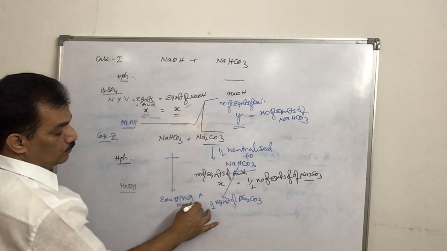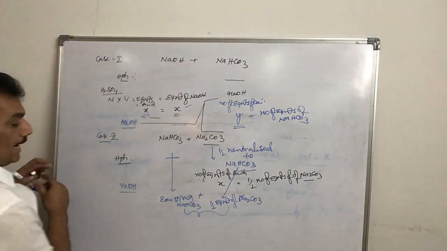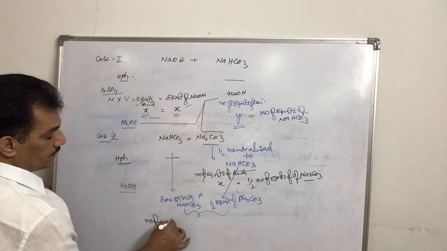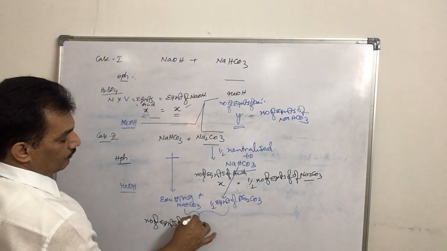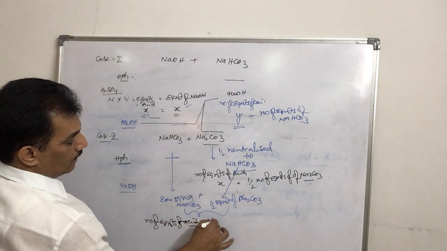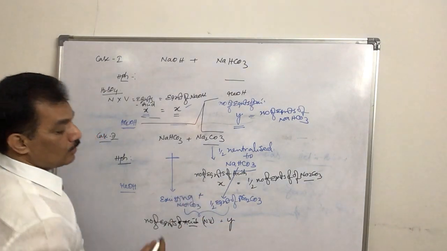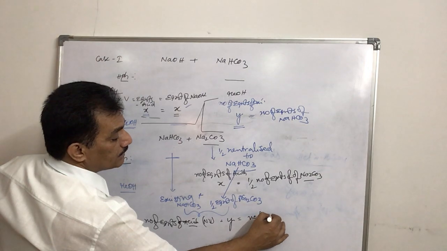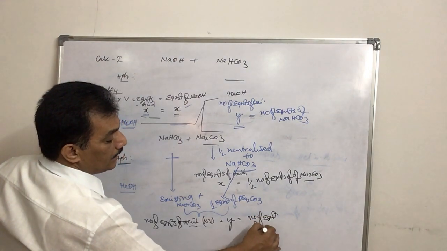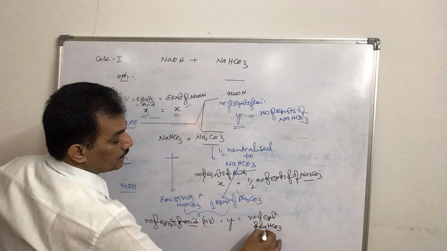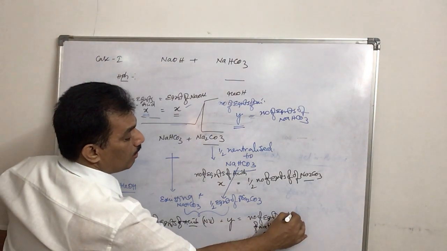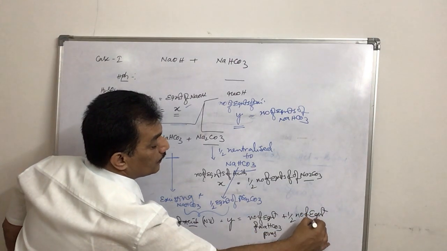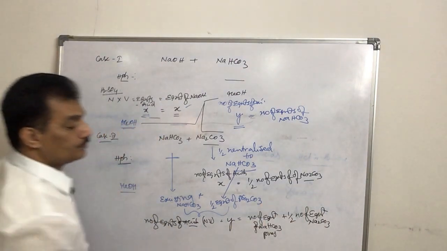These two combined now appear as the number of equivalent weights of acid, which is given as NV. Let us take this as Y. Y is the number of equivalent weights of NaHCO3 present plus half the number of equivalent weights of Na2CO3.